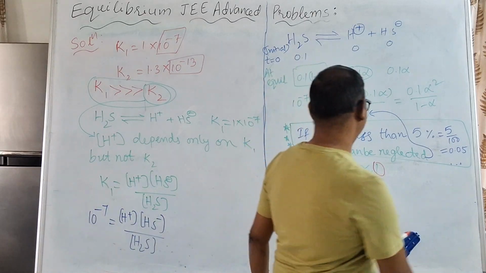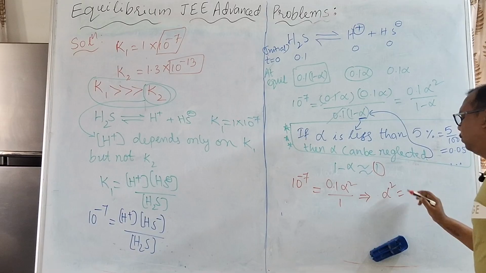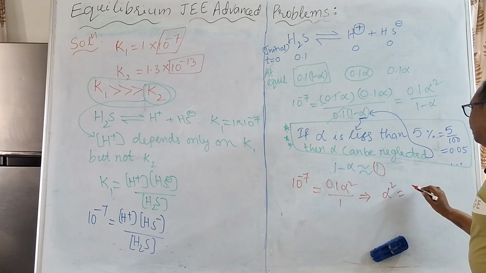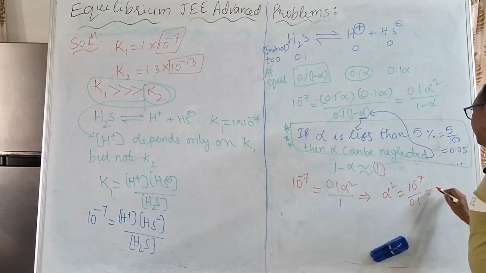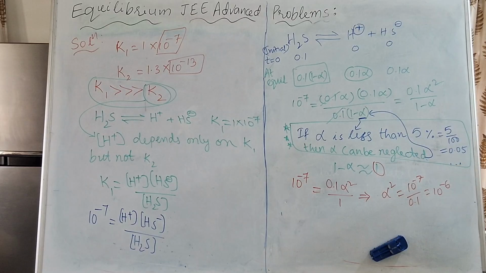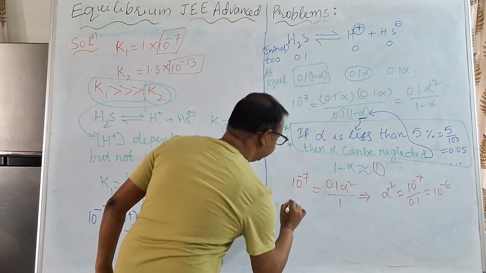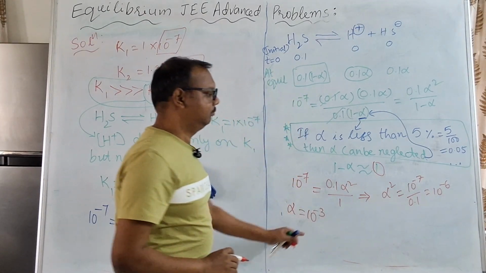Once you rewrite that equation, alpha square is equal to 10 power minus 7 by 0.1, that equals 10 power minus 6. Shall we write like that? 10 power minus 6.